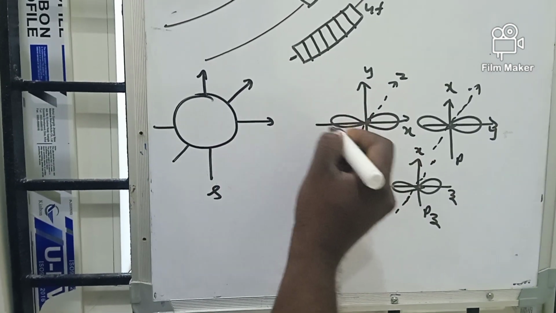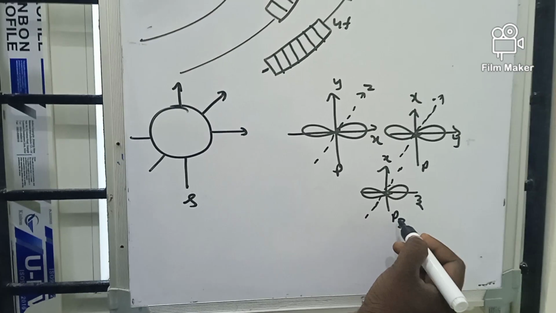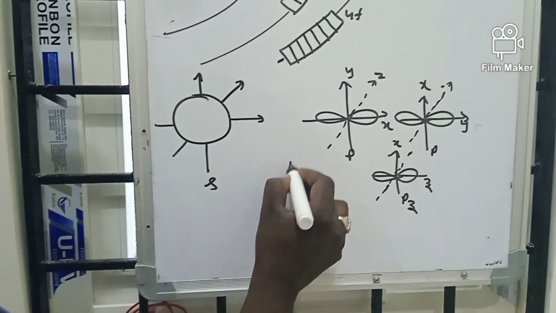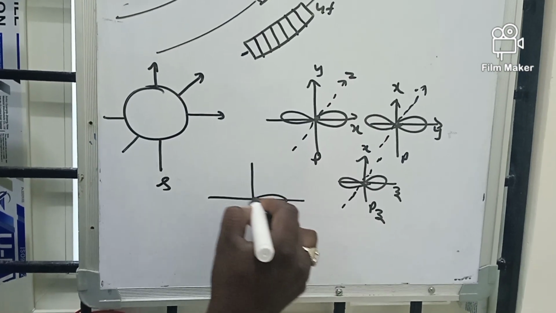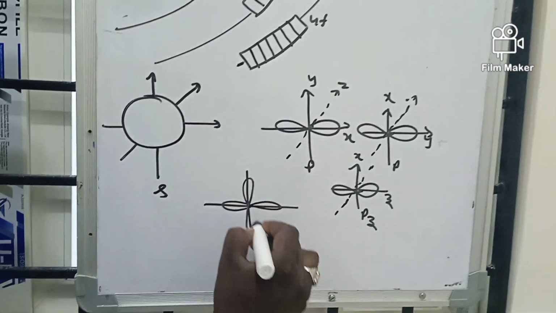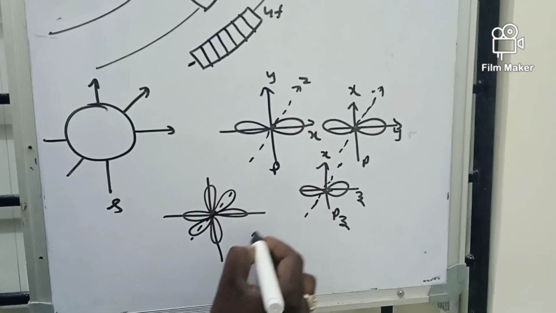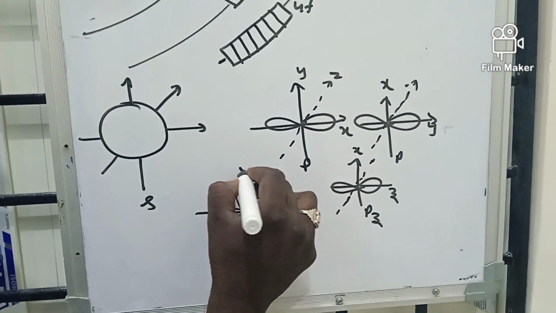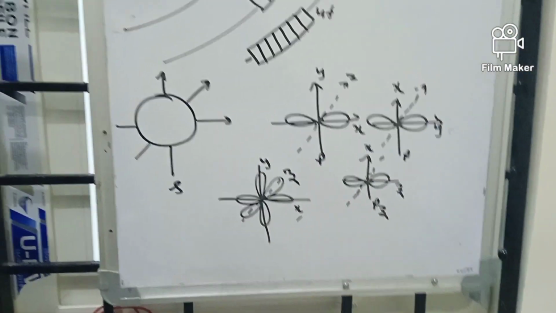If the orbital is oriented along the x-axis it is px, along the y-axis py, along the z-axis pz. So the three combined we can draw like this: px, py and pz, along x, y, z. Next, let's see d orbitals.